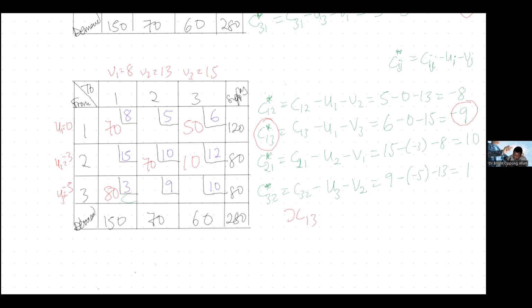We are going to check the basic variables, which are the occupied cells, by determining Xij is equal to Ui plus Vj, right? Then we can determine the new Uis and the new Vjs. Okay, so we can call in all this.